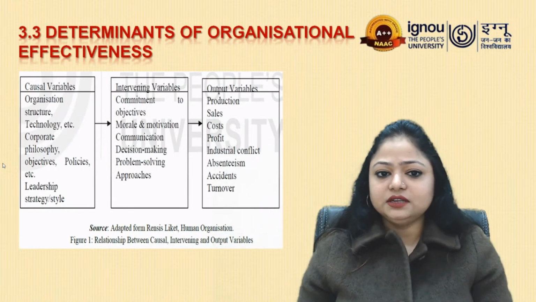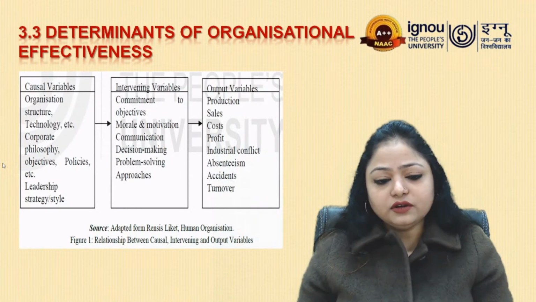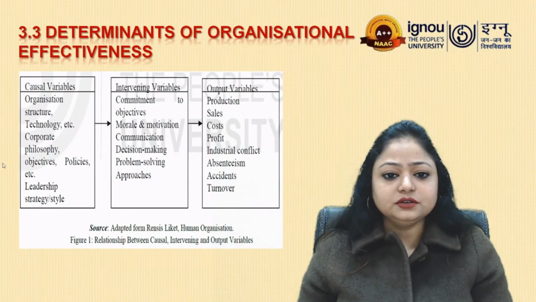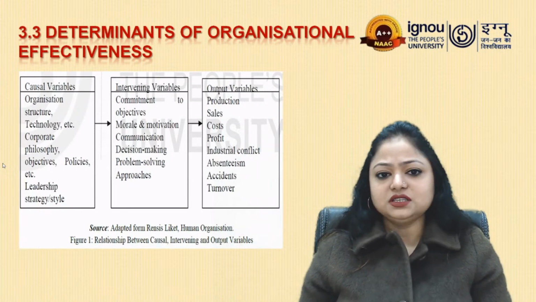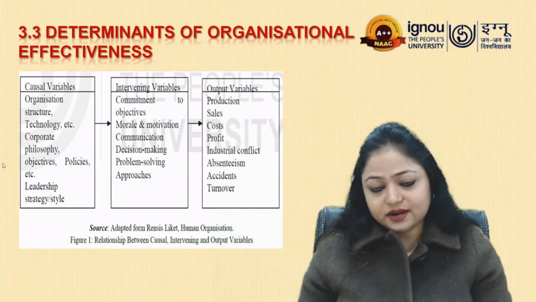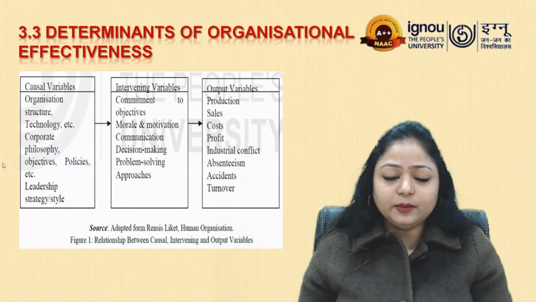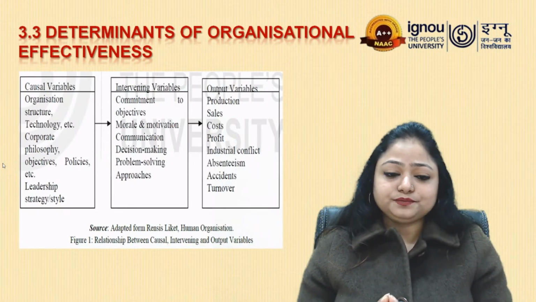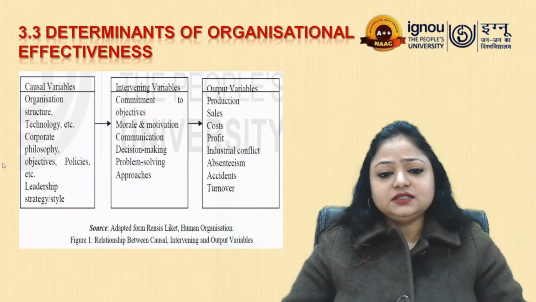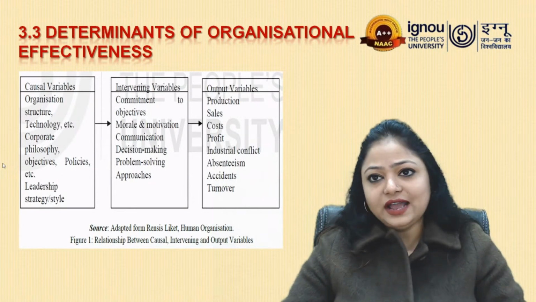Production, profit, cost, sales, industrial conflict or its resolution, then accidents, turnover, absenteeism. These are the negative outputs, of course, but positive outputs are also there, like production, sales, cost, and profit. But the variable is going to be the combination of all these sub variables or sub factors.